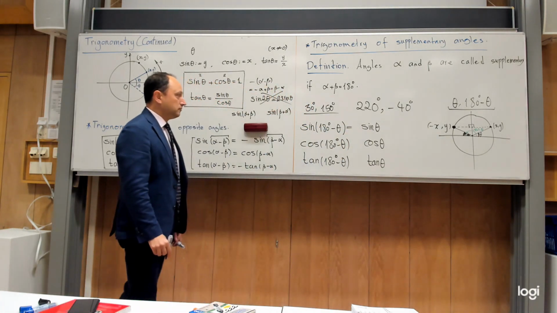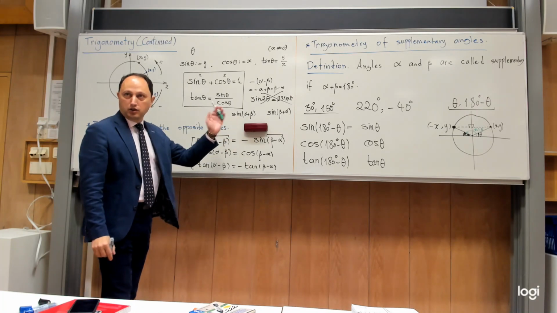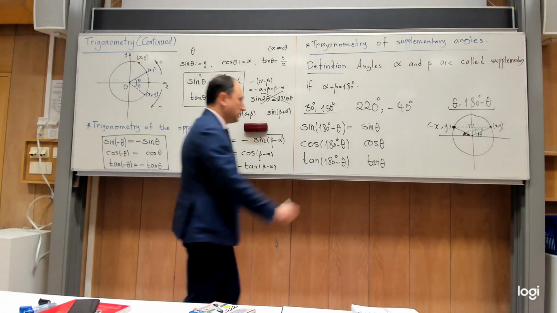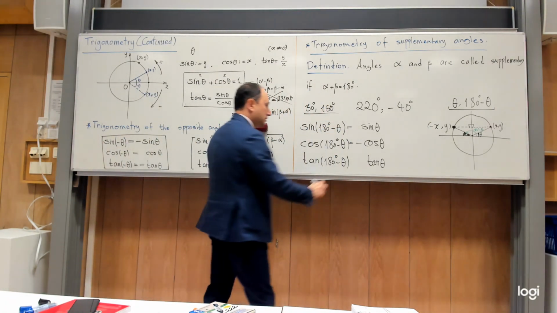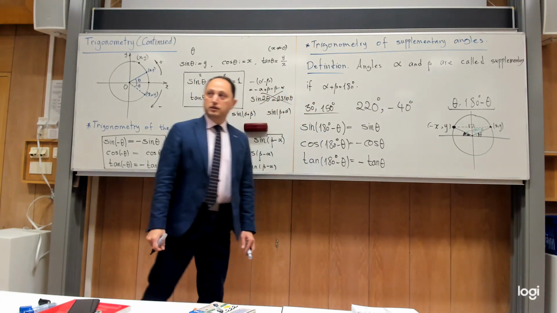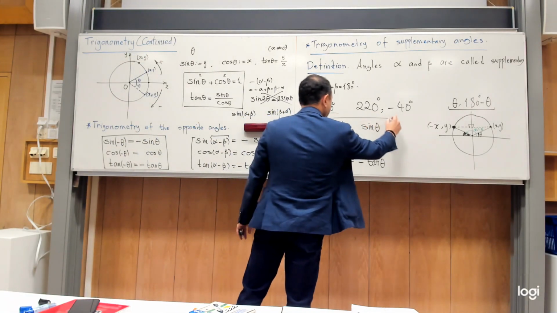Are they equal? Because sines are y values, they are equal. But cosines are x values, so they are opposite. Yes? So this becomes opposite. And then tangent consequently becomes minus. Is that understandable? Okay, so this I put here.